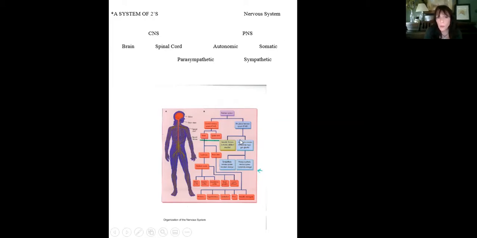And here is a more detailed flow chart, if you will, of the structures. I didn't go all the way down this whole flow chart diagram, but if you are interested in following through into more specific levels, this is available for you.